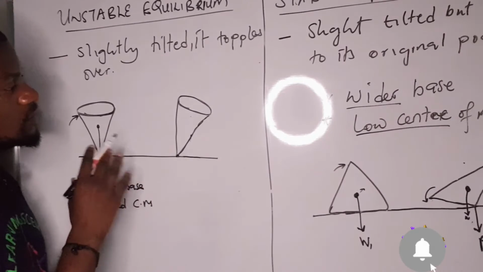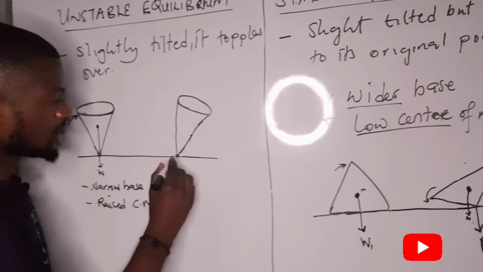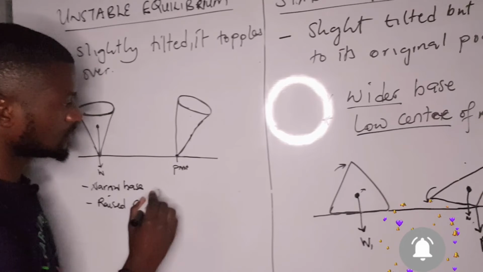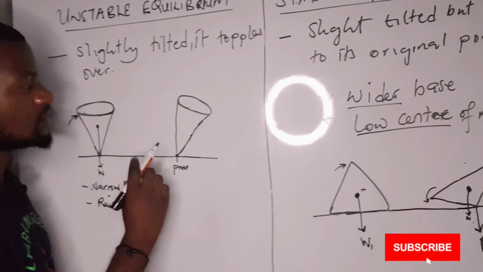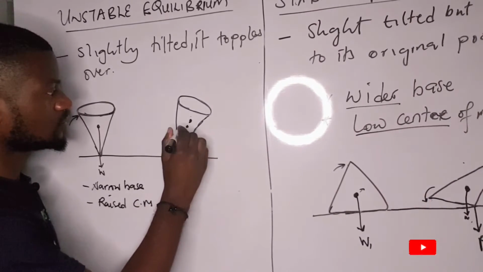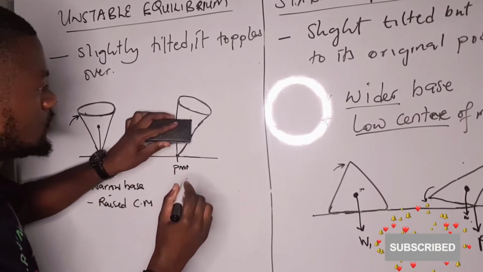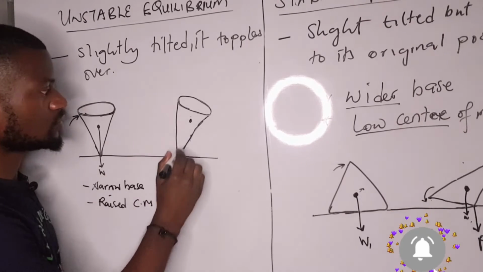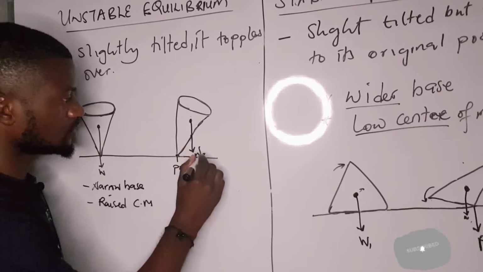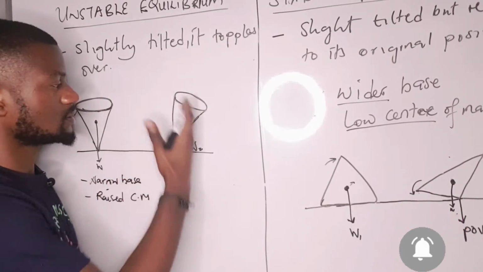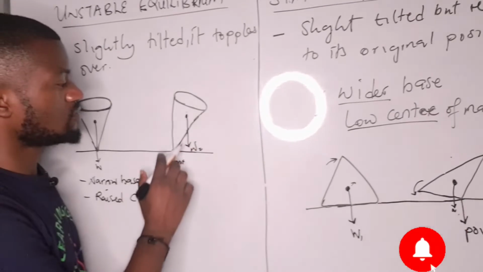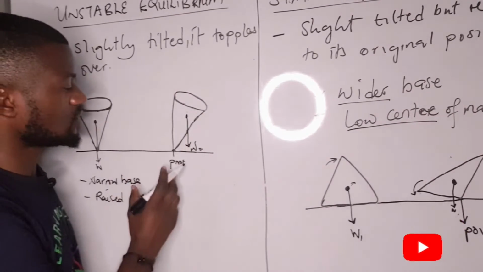So when you tilt this object, its force will be acting through the pivot, which we have at that point. Then the center of mass for this object is going to be raised somewhere there. It is going to be raised, so it will be acting downwards. I put it W2. So this simply means that the center of mass creates a turning effect over the pivot.